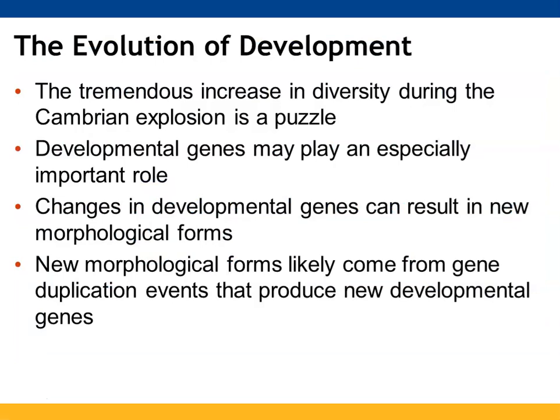That there was such diversity during the Cambrian Explosion is definitely a pretty large question. It's thought perhaps the developmental genes might have played a significant role, leading to new morphological forms that may have occurred as a result of gene duplication events that led to additional developmental genes being produced.